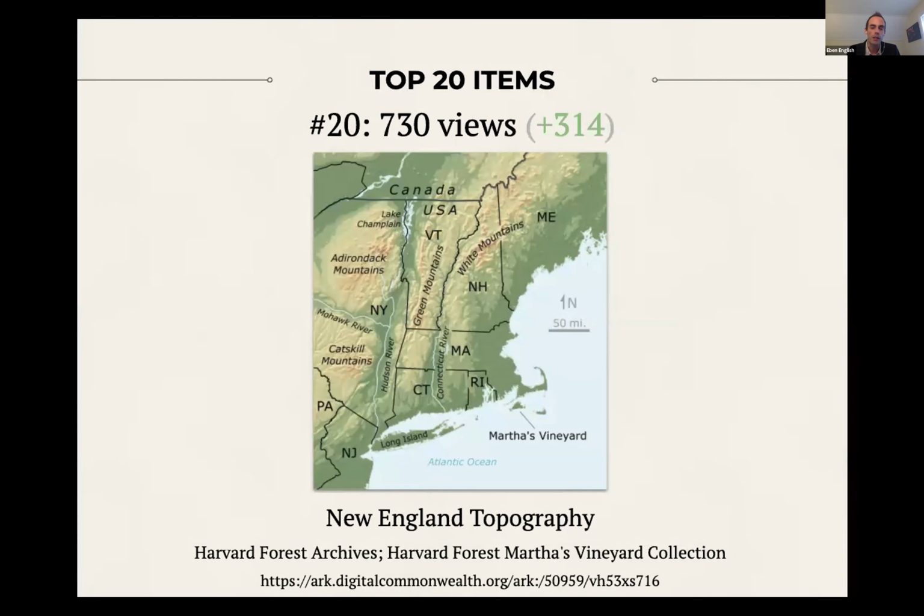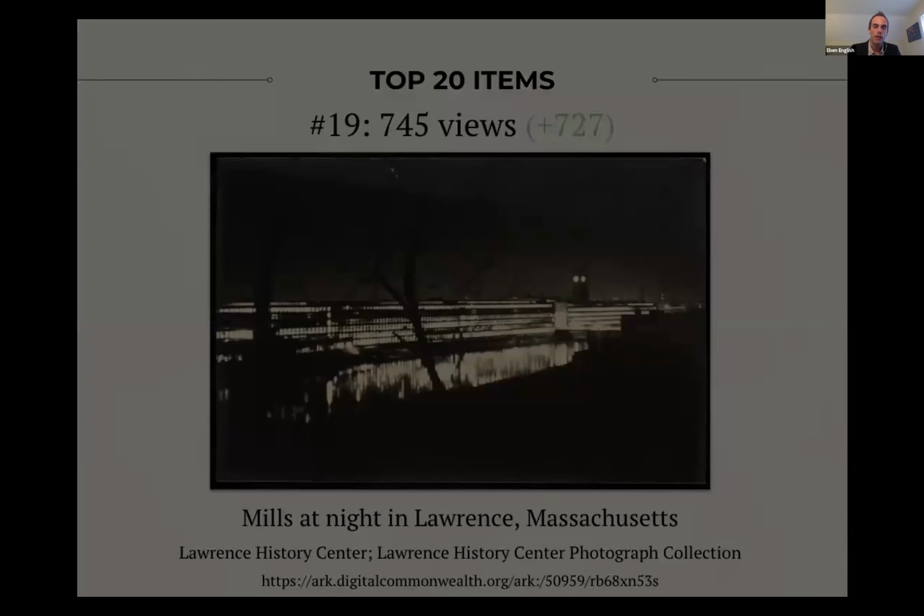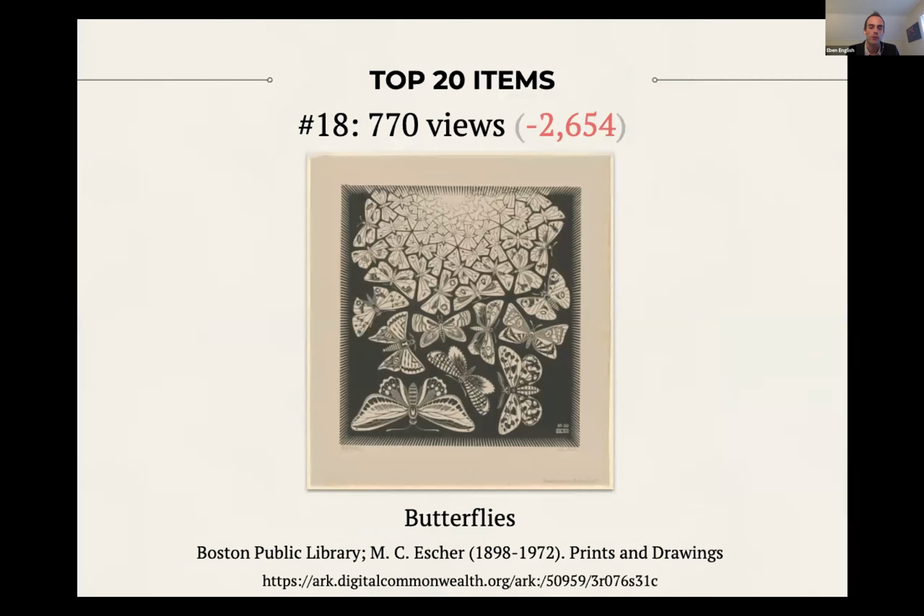So at number 20, we have New England topography from the Harvard Forest Archives Martha's Vineyard collection. That's up a little bit from last year. Number 19, Mills at Night in Lawrence, Massachusetts from Lawrence History Center. Number 18, Butterflies from the BPL's MC Escher collection.